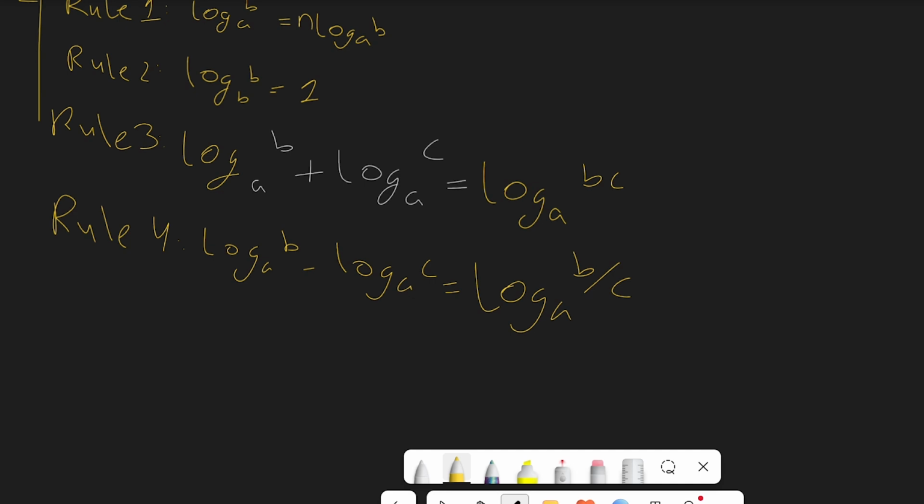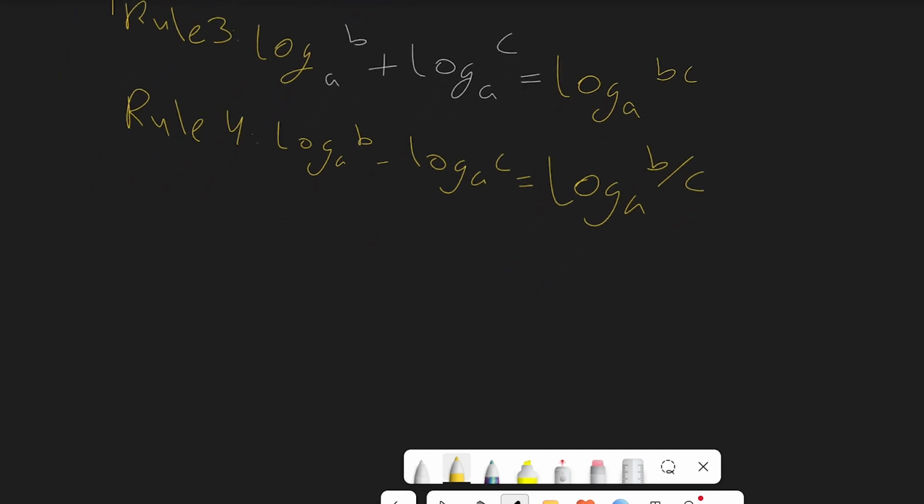Another rule, rule 5, can be that whenever there is a log of 1 to any base, it is always 0.